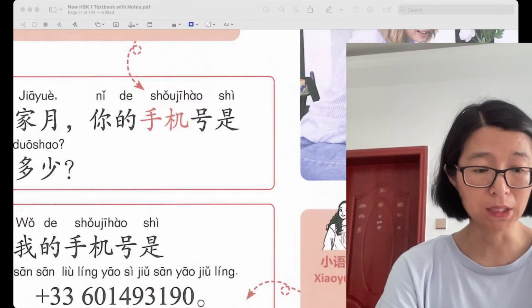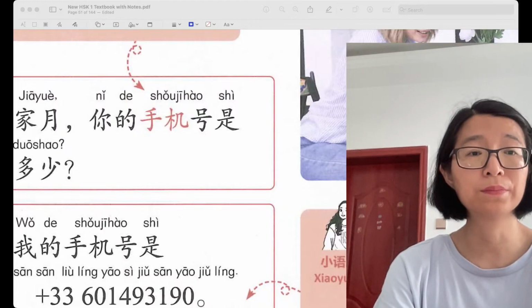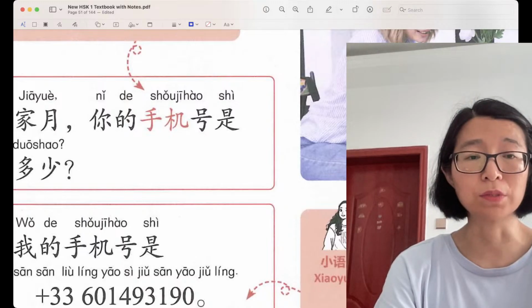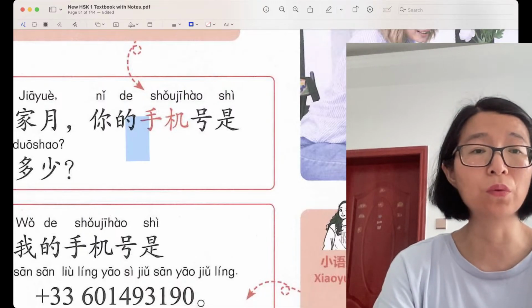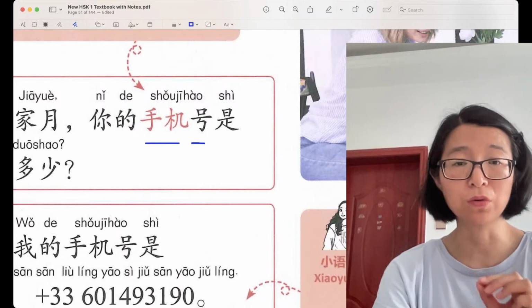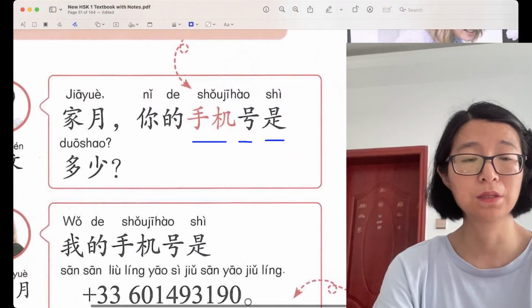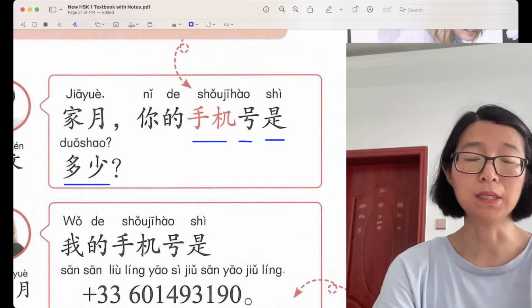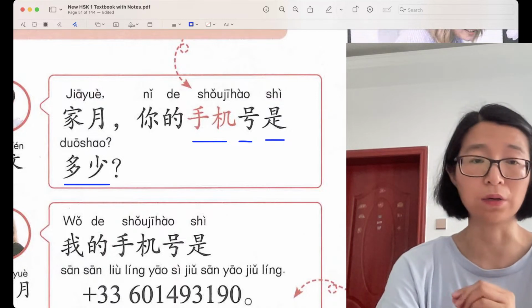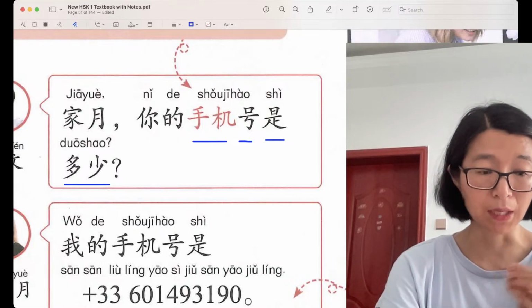嘉悦，你的手机号, so basically means your phone number. 你的手机号是, is 多少. Okay, 你的手机号是多少. What does it mean? Your phone number is how much? Is what?